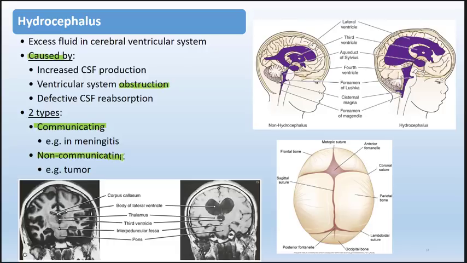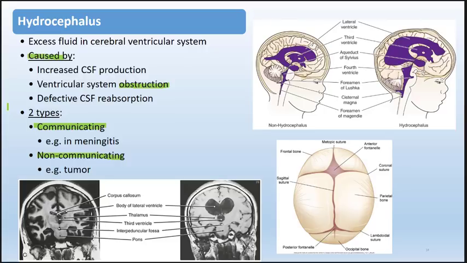Non-communicating hydrocephalus is also called obstructive hydrocephalus, and it's caused, as you would expect, by some sort of obstruction within the ventricular system, as I mentioned earlier, and an example could be a tumor.